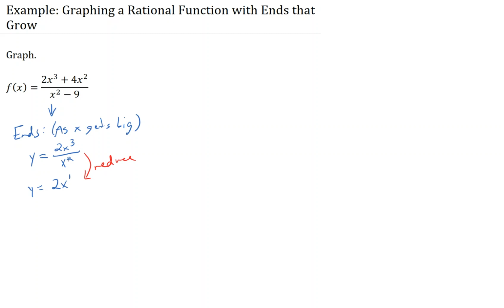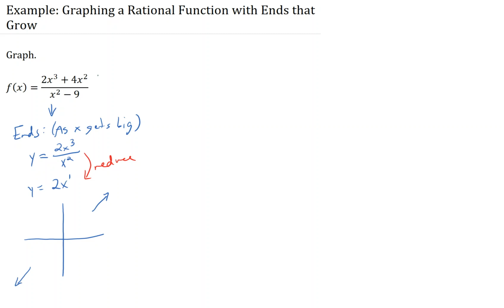All of the x's on the bottom cancel, and with two of the x's on the top, leaving one behind. So the end behavior of this function behaves like y equals 2x, which is a linear function, a straight line, which grows on the right in the positive direction and grows on the left in the negative direction. Okay, so those are our end behaviors.